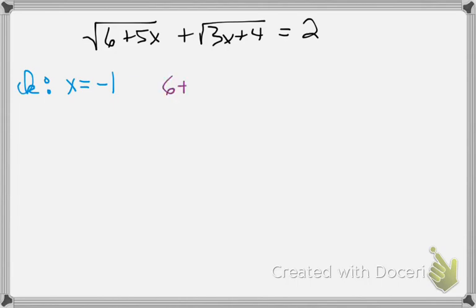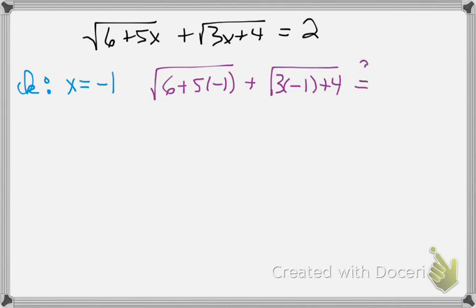So I've got 6 plus 5 times negative 1 under a square root. And then I've got 3 times negative 1 plus 4 under another square root added together. And we're just so hopeful for that too. So in that first square root, doesn't that mean 6 minus 5? But 6 minus 5 is 1. What's the principal square root of 1? 1.